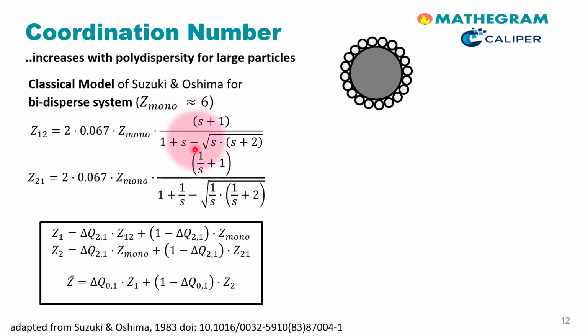As you can see, the size fraction determines the number of contacts between small, index 1, and large, index 2 particles. The coordination numbers of each particle species, Z1 for the small and Z2 for the large particles, can then be computed from the area fractions of the particle species, here denoted with delta Q21.